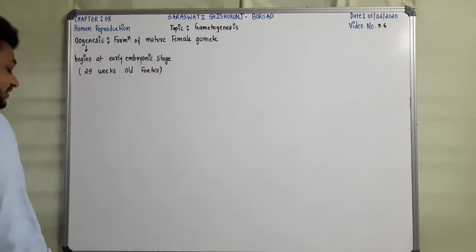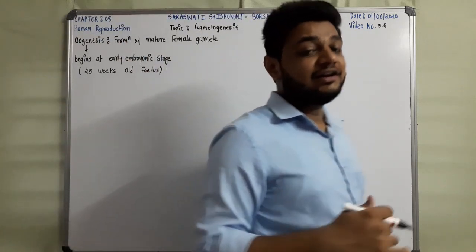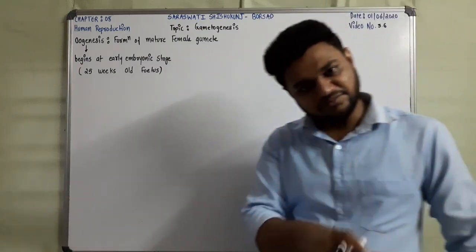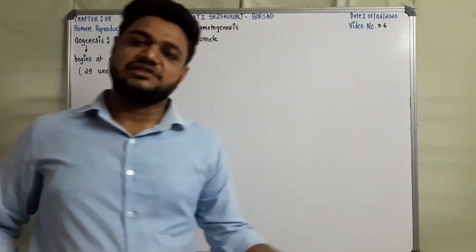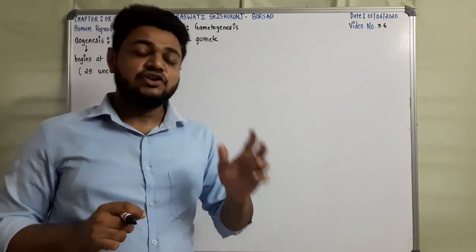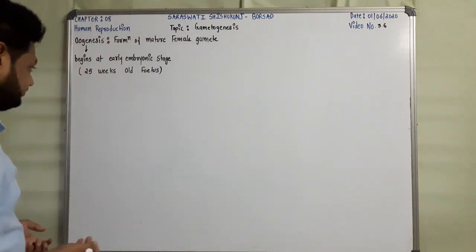Okay, see, this begins at a very early embryonic stage, then it gets suspended up to puberty, and then it restarts. So this is the entire process. So let us discuss how it starts.